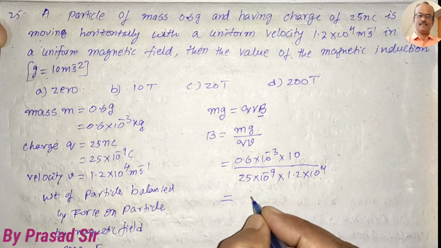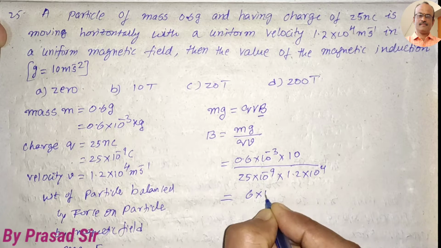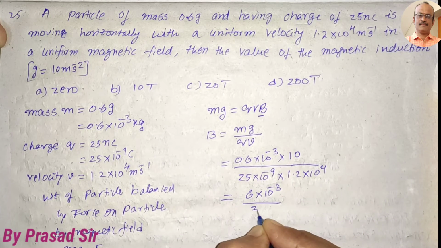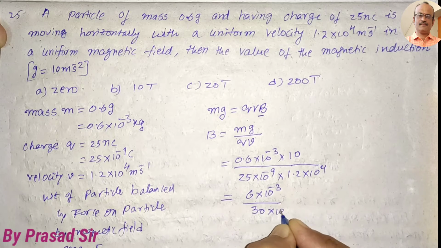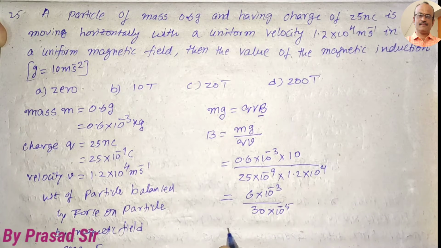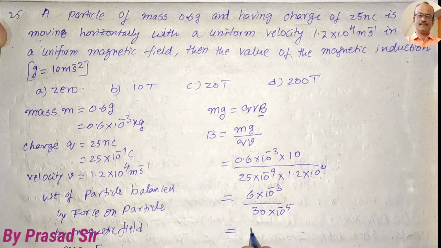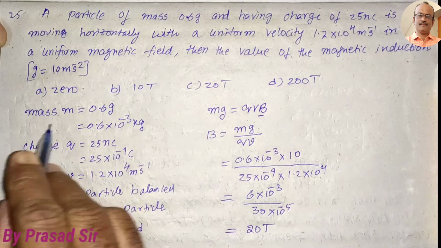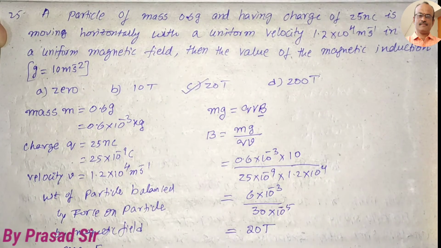By calculation, 6 into 10 to the power of minus 3 divided by 30 into 10 to the power of minus 5. On calculation we get the solution as 20 Tesla. So which option is correct here? C is the correct option.